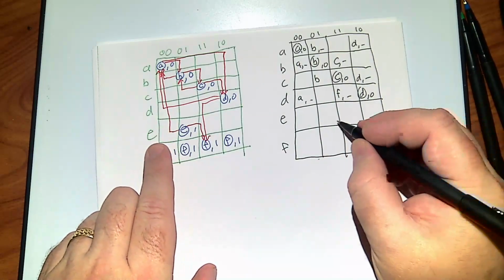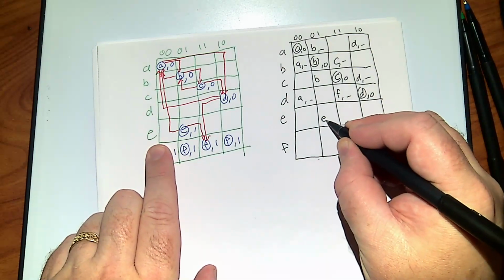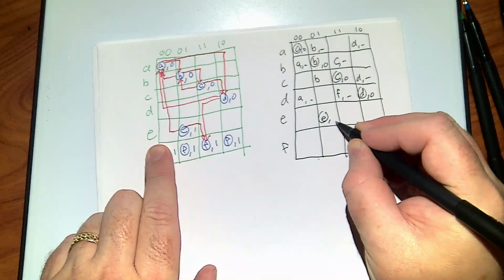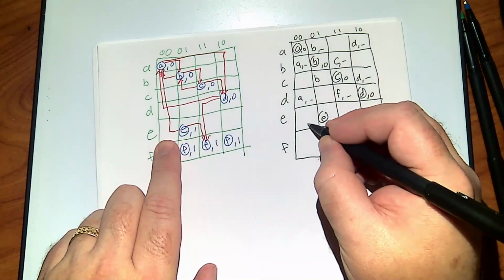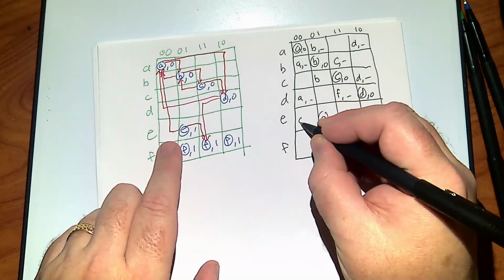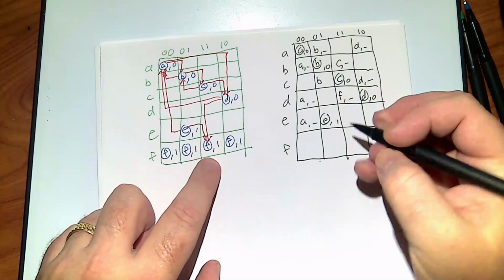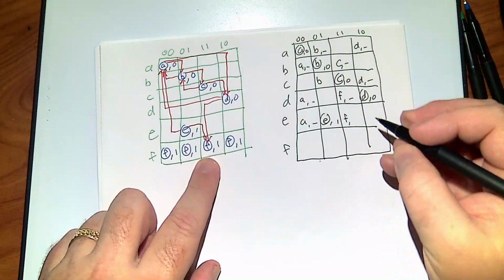All right, E is stable here. I put its stable state in, with the output listed. If I go to my left, I'm going to A. And if I go to the right, I'm going to F.